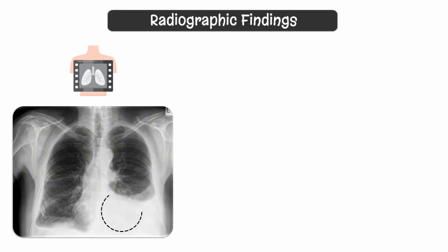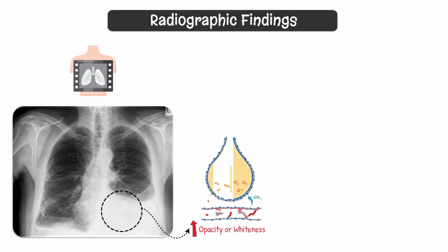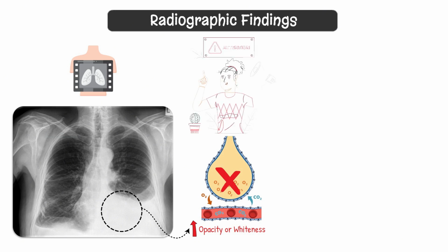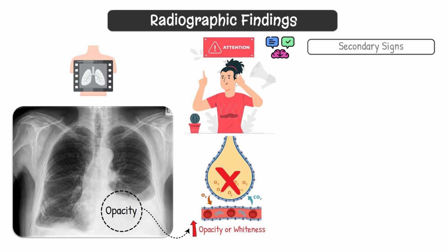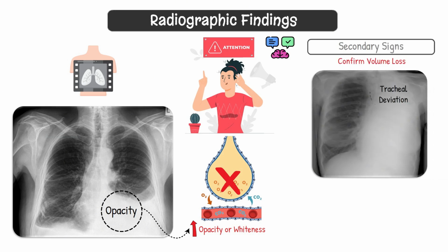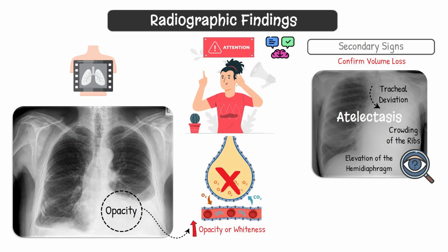The most classic radiographic finding is an area of increased opacity, or whiteness, where air is no longer present in the alveoli. But more important than the opacity itself is understanding the secondary signs that confirm volume loss. Tracheal deviation toward the affected side, elevation of the hemidiaphragm, and crowding of the ribs are all radiographic clues that point to atelectasis.